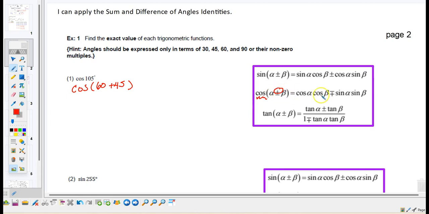So that means when I expand it out, I'm going to use subtraction. So cosine of 60 plus 45 is equivalent to cosine of 60, that's the A, cosine of 45, minus sine of 60, sine of 45.